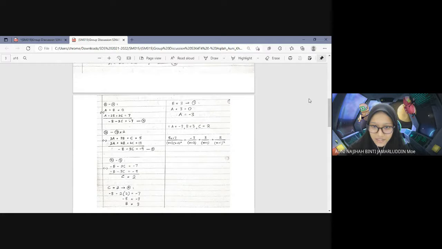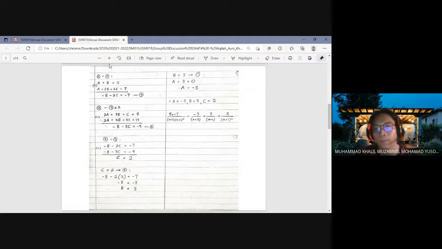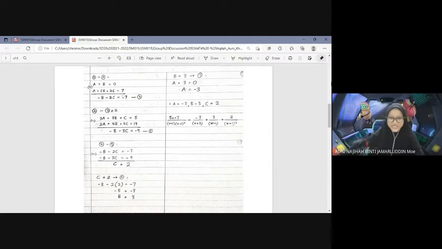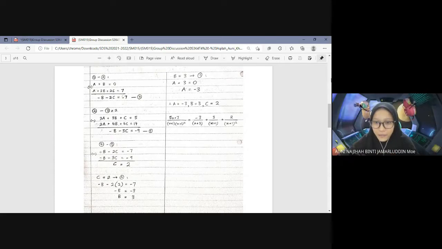And then the next step, we have to find the constant values, like a equals what and b equals what. So we have to use substitution or elimination. So we use a plus b equals 0, equation 1, minus equation 2.